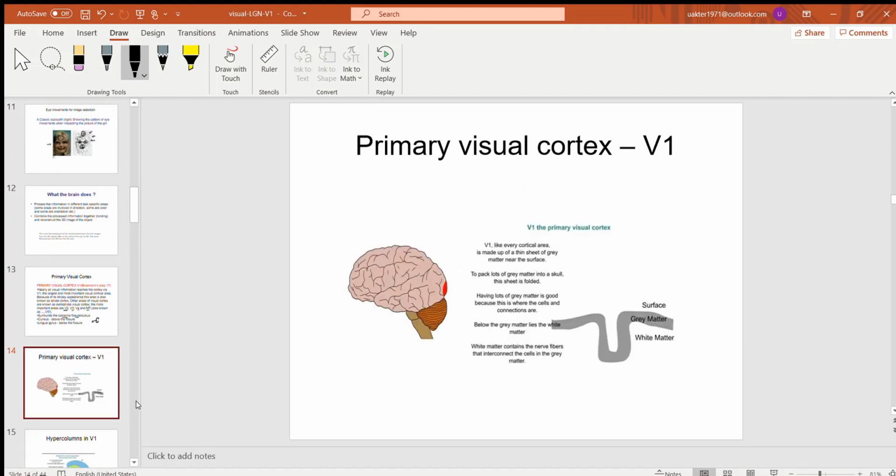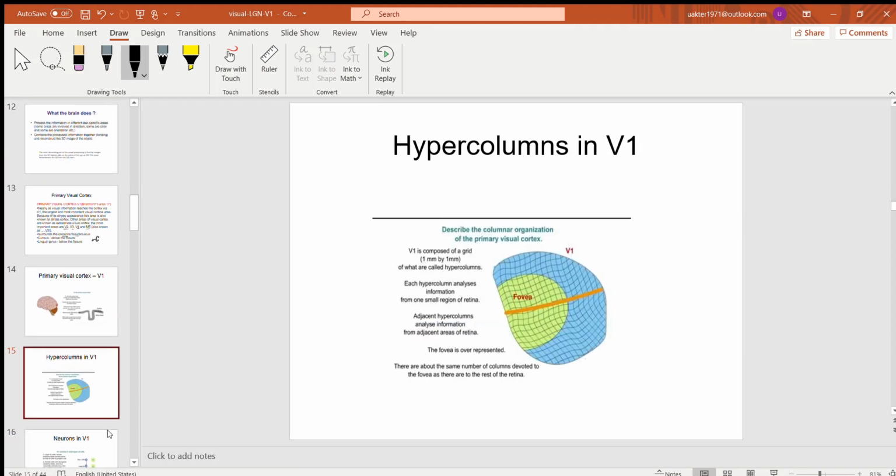Okay, now this is something interesting. If you study the response of the neurons in V1, the primary visual cortex, and map it very nicely, you will be able to see that there are many hypercolumns like grids. This is one hypercolumn, this is another hypercolumn, this is another hypercolumn.